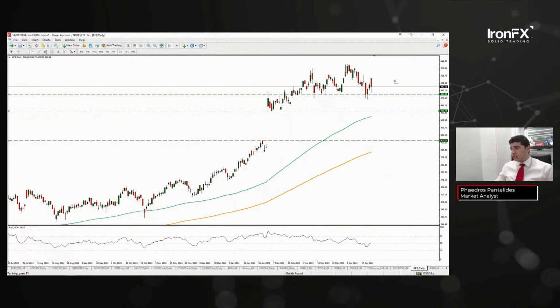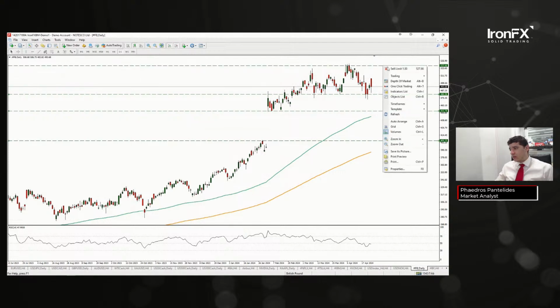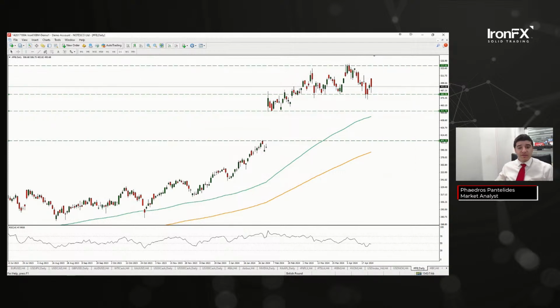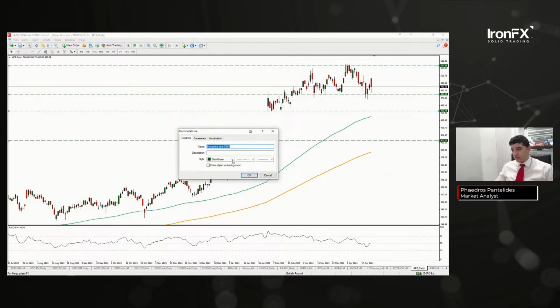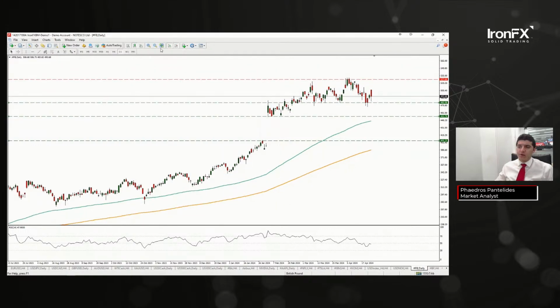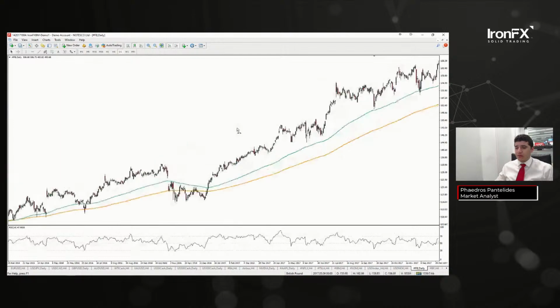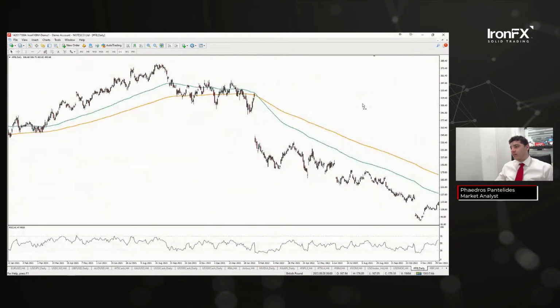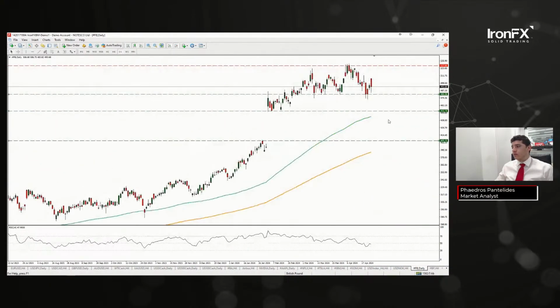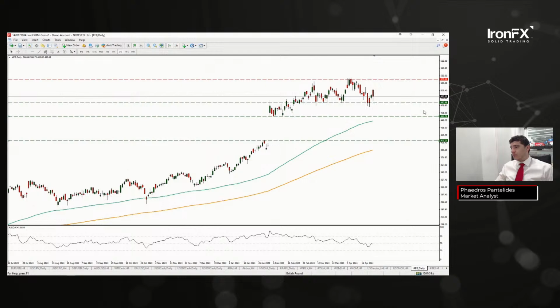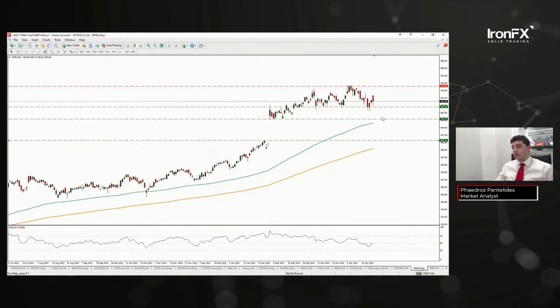Then for resistance, we could place 527.66, that's for R1. And then the historical data doesn't really help here. So let's measure the distance between S2 and S3 because S1 and S2 is too close to each other.